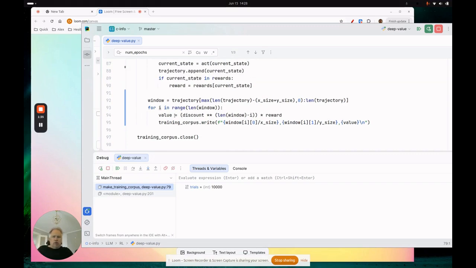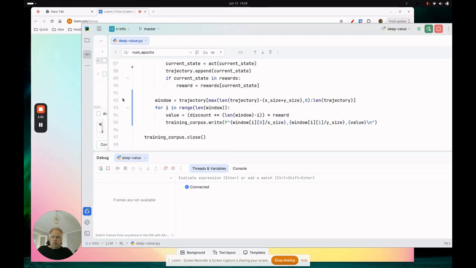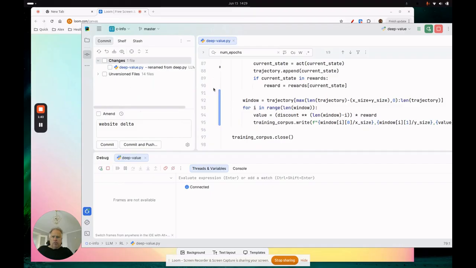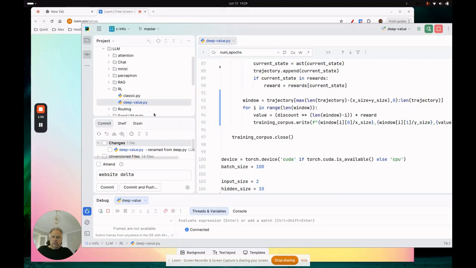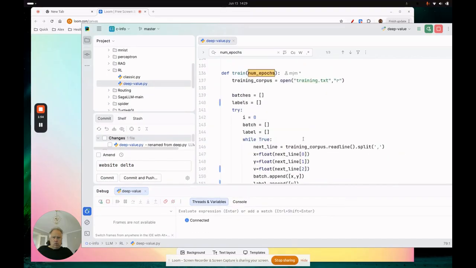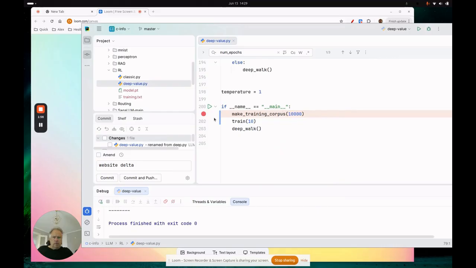So let's just run it through here and you'll see the result of it. If we look over here, it should be generating a training set. See, it's got 10,000 within it.